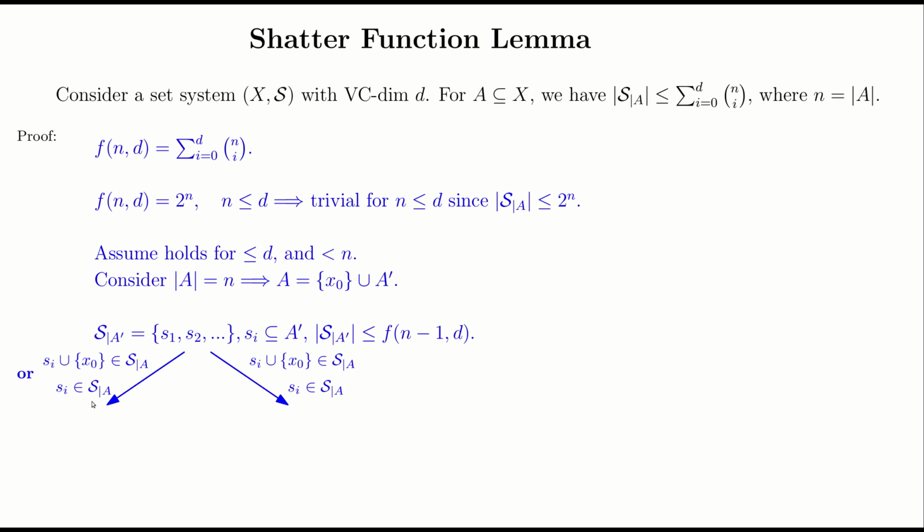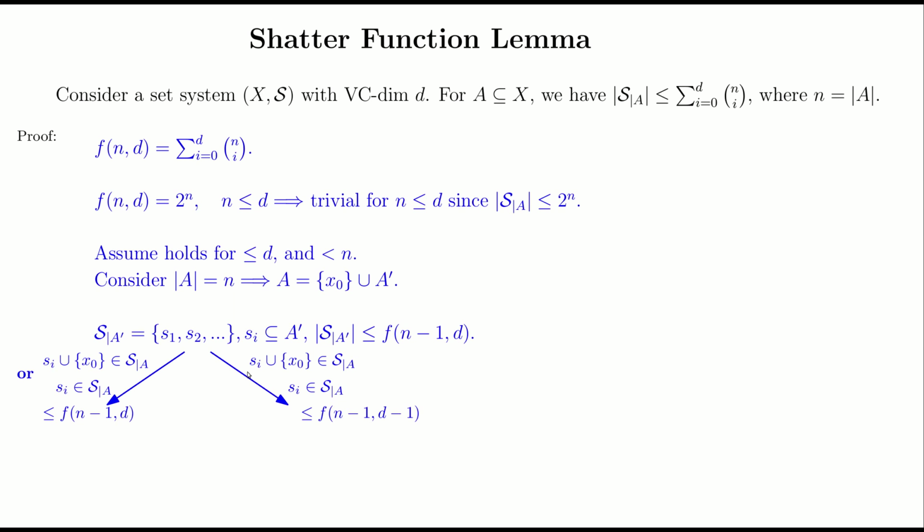One of these two cases must hold. Thus, the restriction of S onto A will have at least this many subsets, because for every element of the restriction onto A prime, we will get an element that is inside the restriction of S onto A.